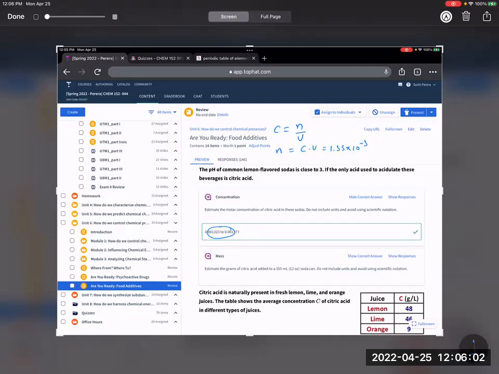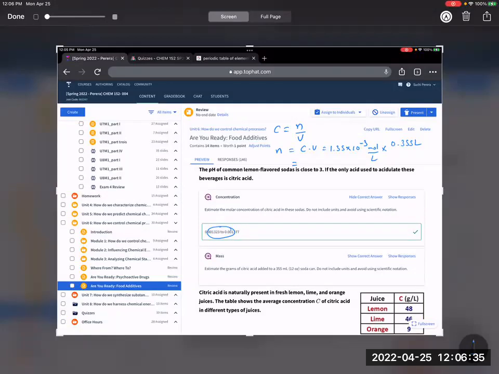This is moles over liters, and multiply this by the volume, which is 0.355 liters. So liters cancel out, and you're going to get the answer in moles. If you do that, you are going to get, let me see, 0.355.